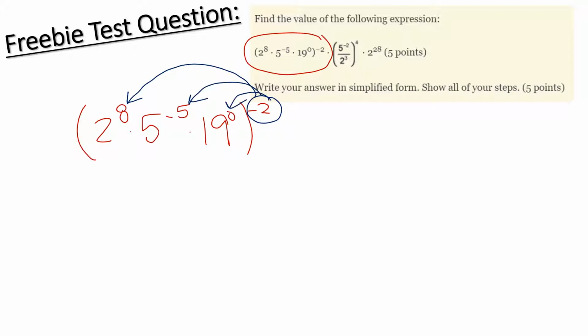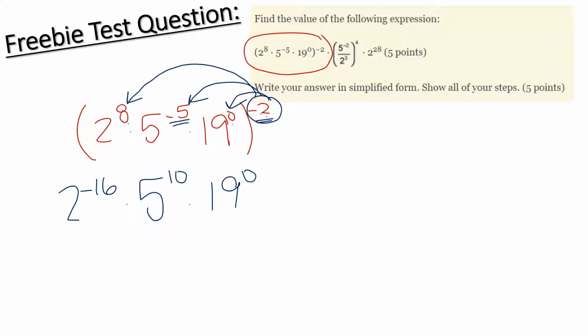And when I do that, I get 2 to the negative 16 power, because 8 times negative 2 is negative 16. Times 5. Again, I'm doing negative 5 times negative 2, which is a positive 10. Times, and then this one here, we could do 0 times negative 2, but we're just going to get 19 raised to the 0 power.